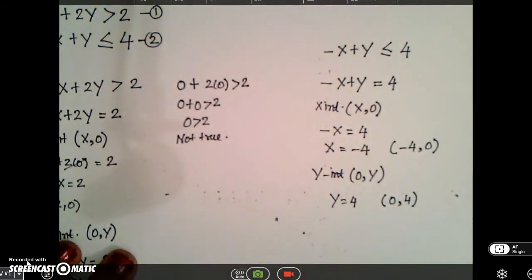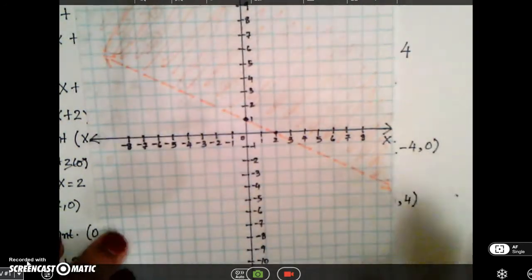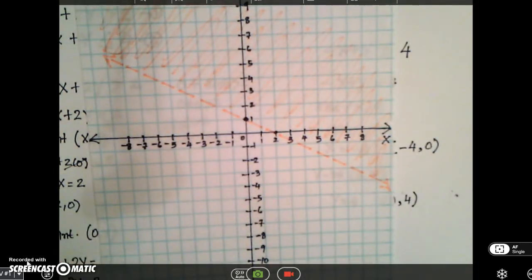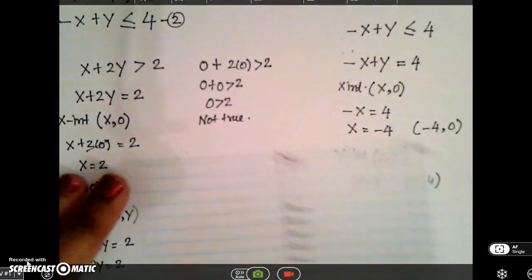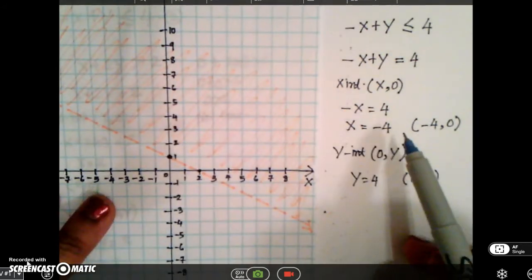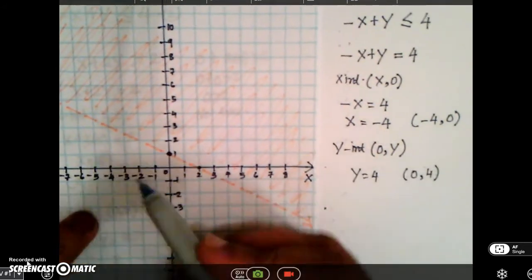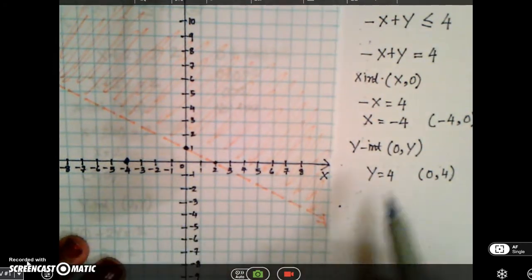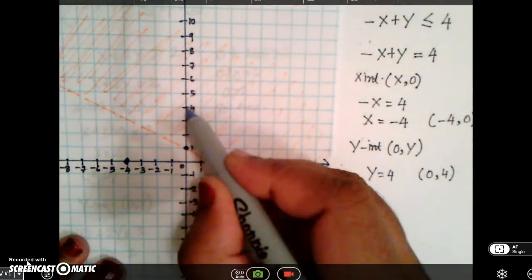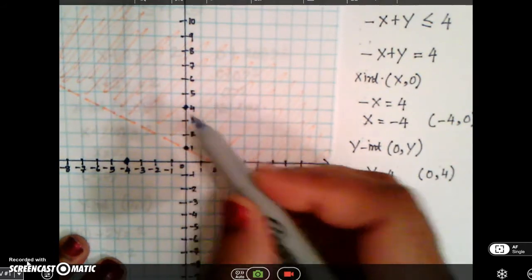Now I go to my graph. I'm going to use a different color this time. My x-intercept was (-4, 0), so I have (-4, 0). And my y-intercept was (0, 4), so I have (0, 4).